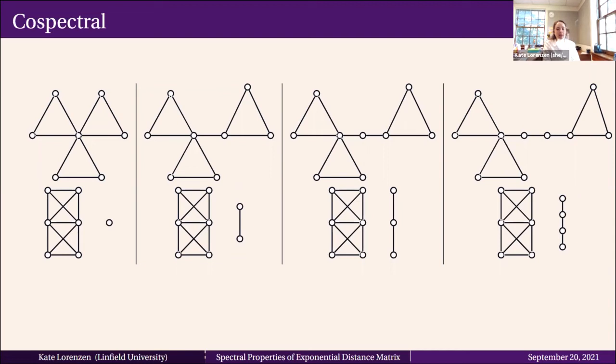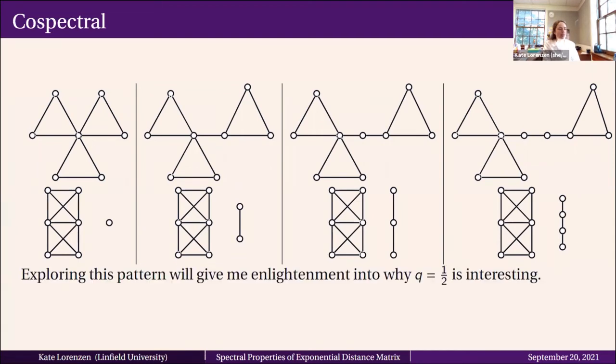So I made a very large declarative statement saying that exploring this pattern will give me enlightenment as to why Q equals 1/2 is interesting. We're about to see if this is true. I want to explain why these two graphs are cospectral and see if I can extrapolate some interesting constructions from there.